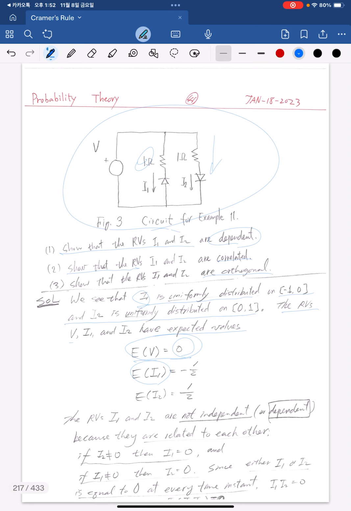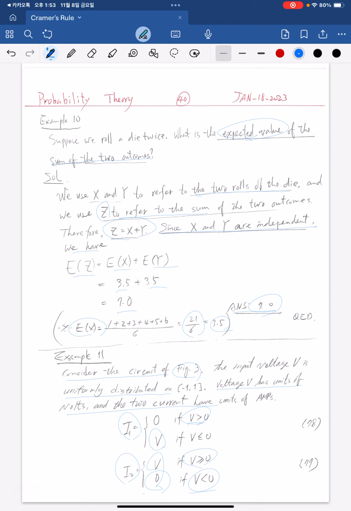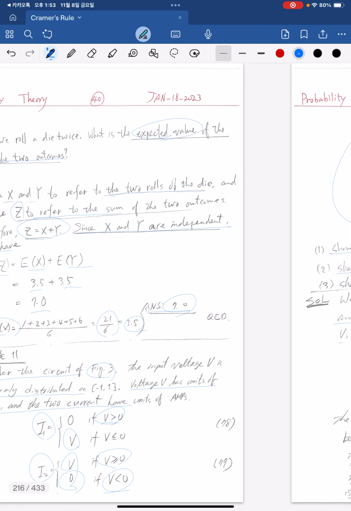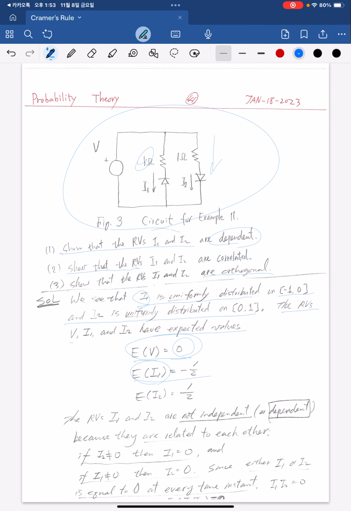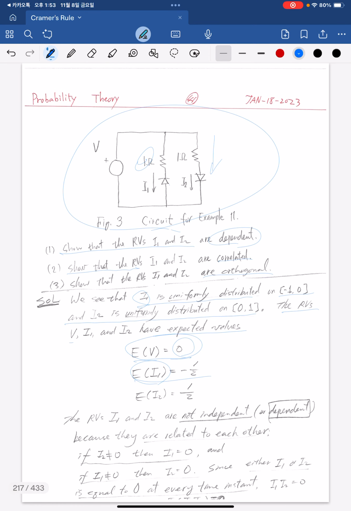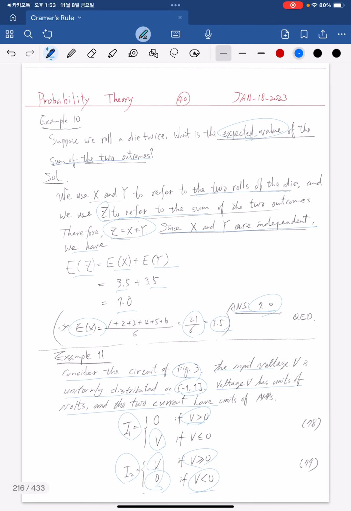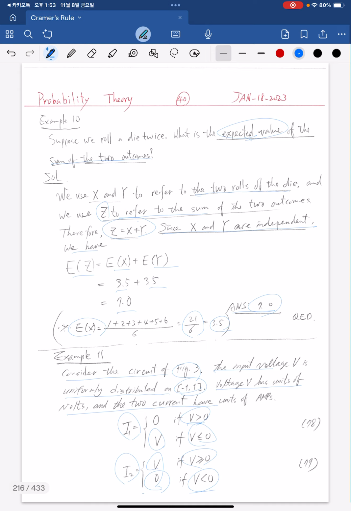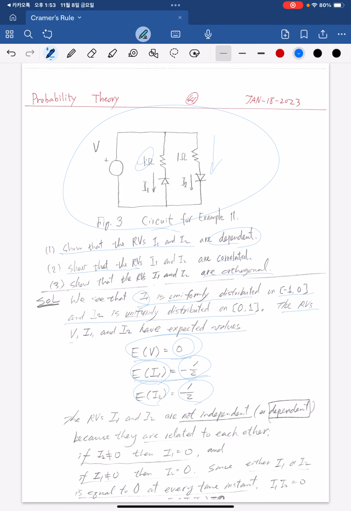E[I1]은 V가 마이너스 1에서 1까지 분배되니까 이 I1은 V가 0보다 적을 때 마이너스 2분의 1, I2는 2분의 1.